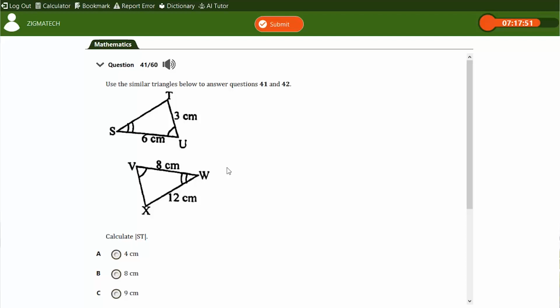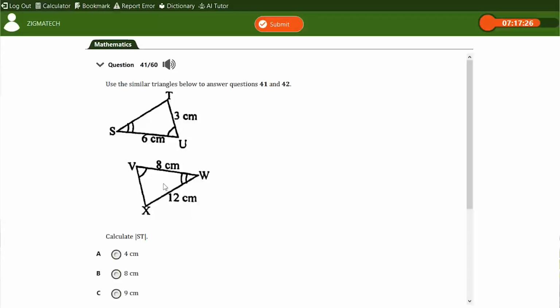So once you have that idea, the next thing you do is to find the proportion of the two, the ratio of those two sides, right? So the question is now, in 41, calculate ST. ST is this, okay? So to calculate ST, what is similar to ST in this other triangle?